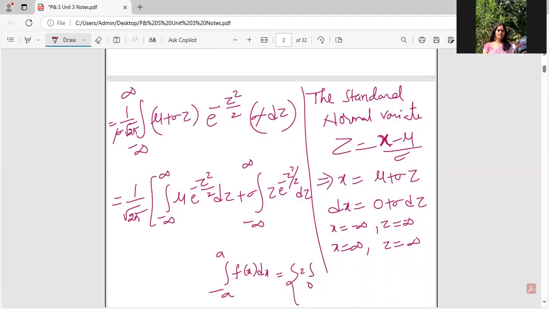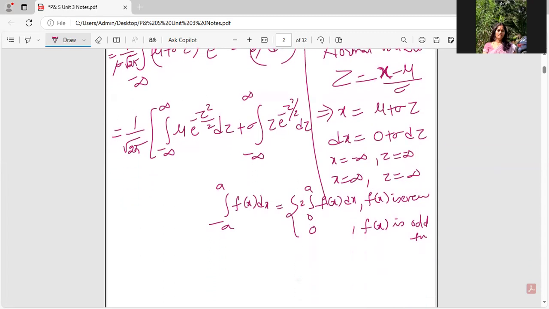It is twice the integral 0 to a of f of x dx if f of x is an even function. Similarly, it's 0 if f of x is an odd function.